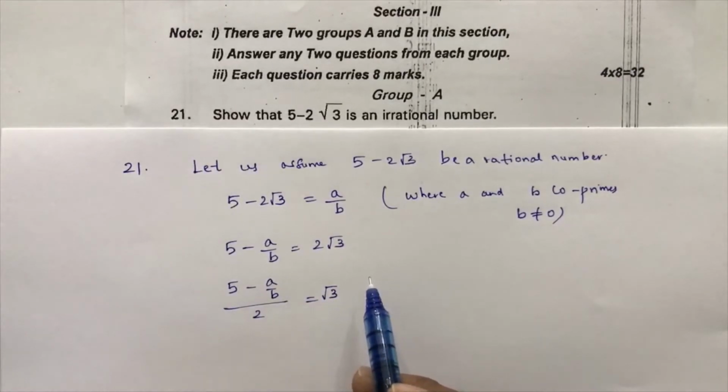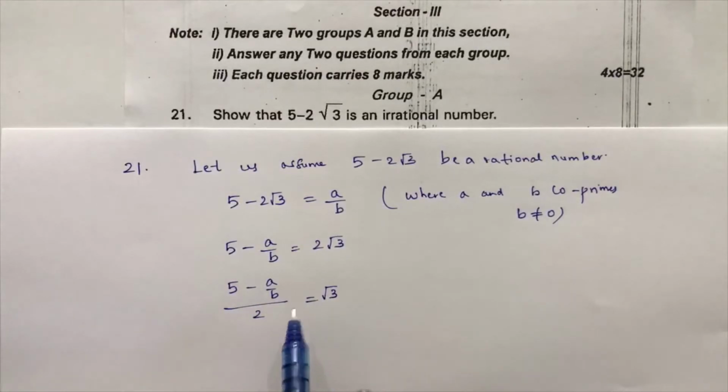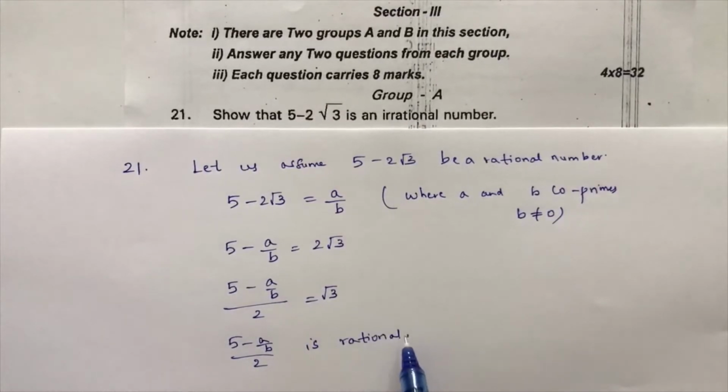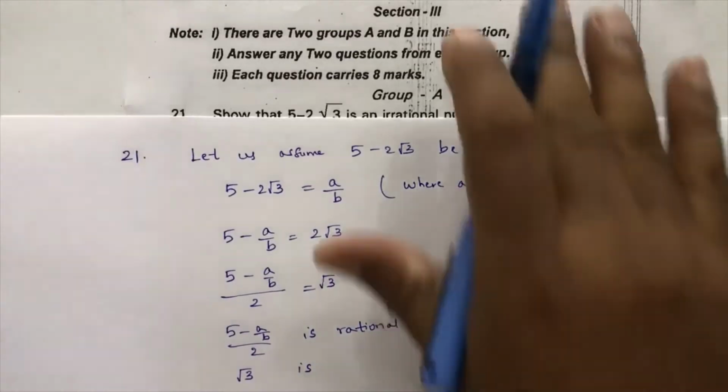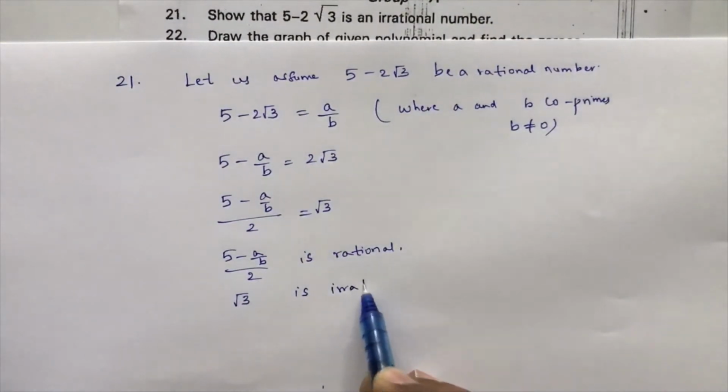See here, (5 minus a by b) by 2 is a rational number, because a and b are integers, and root 3 is irrational.